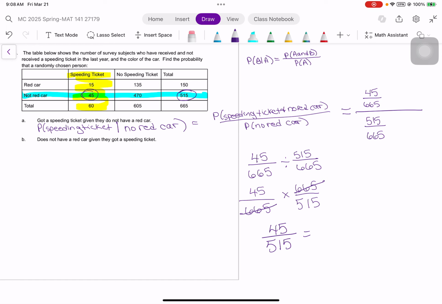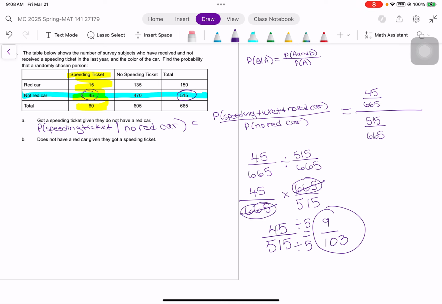And I could simplify that either by hand or by a calculator. If you are a nursing student, you should be practicing simplifying by hand. If you're not a nursing student, then you can go ahead and check it on the calculator. But we're going to divide the numerator by 5 and the denominator by 5. So we're going to get 9 over 103. You might be able to get to that answer quicker if you realize that this is going to happen every time.